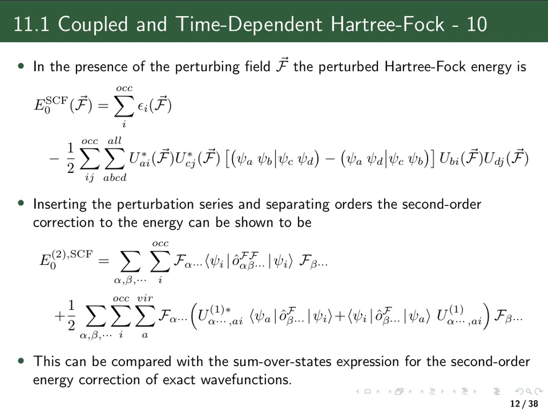Since we are in the presence of an external field, the orbital energies are field dependent. And we have replaced in the Coulomb and exchange integrals the otherwise field dependent spin orbitals by the expansions in the unperturbed spin orbitals with the transformation matrix, which is now field dependent.